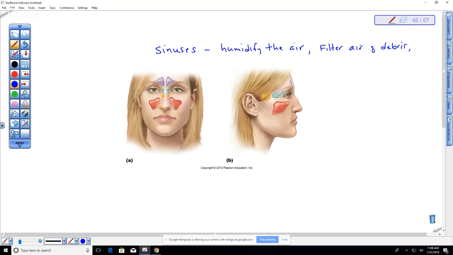And then they also are resonating chambers. So people that have a nasal voice are using their nasal cavities to change the tone of their voice. And then they also help to lighten the skull.